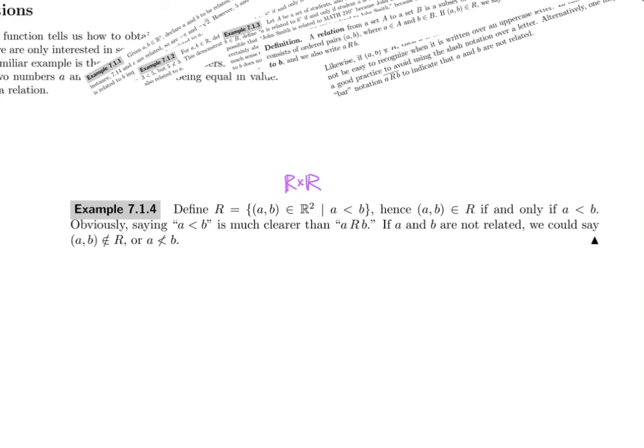In other words, (a, b) is an element of this relation if and only if a is less than b. Okay, it's a little easier to read it when we have an actual relation symbol than to write it with the capital R between, but when we're talking more abstractly, we do need that capital R.